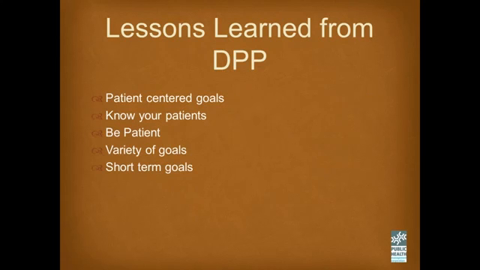So what were some of the lessons that we learned from the Diabetes Prevention Program? With any kind of chronic care management, but diabetes in particular, the goals need to really be patient-centered. We know from research and we know from our experience that patients who choose their own goals are more likely to want to achieve them and are more likely to actually achieve them.